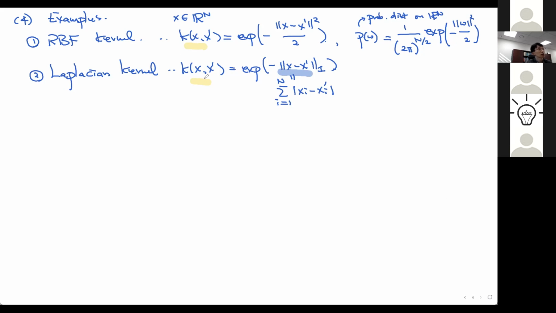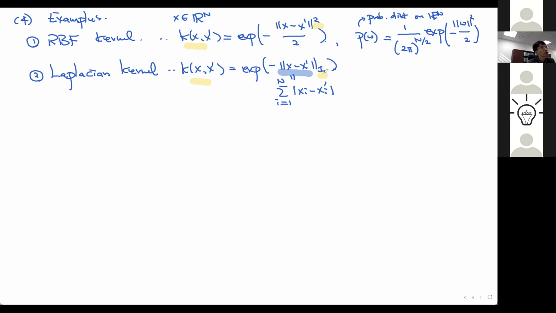Because if x and x prime are the same, the difference is 0, then the term inside the exponentiation becomes 0, so that will become 1. So starting from 1, if x and x prime go far apart, the value will decrease. But the one above uses a quadratic term, and the one below uses a linear term.